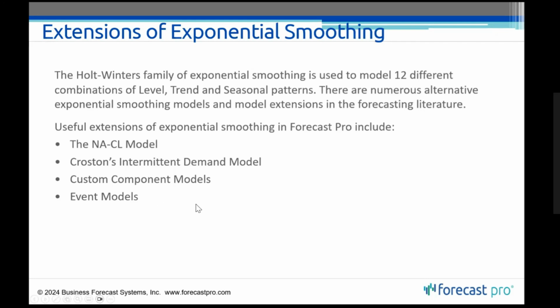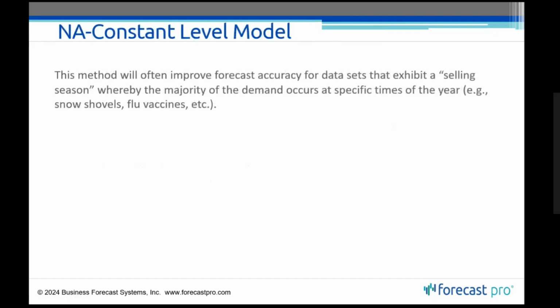Okay, so let's talk about the first extension, which we call the NaCl model. For those with a little chemistry background, NaCl, sodium chloride, is the nomenclature for salt, and sometimes we call this the salt model.